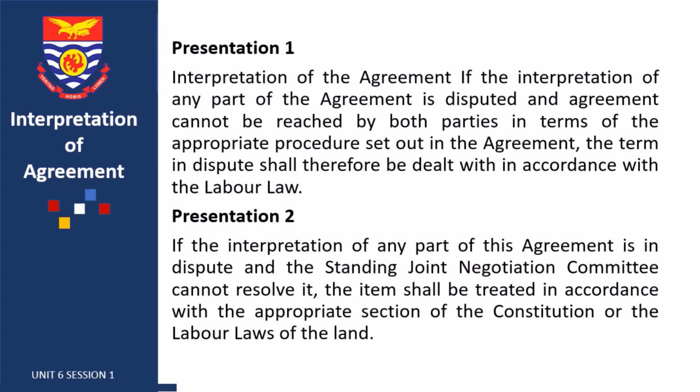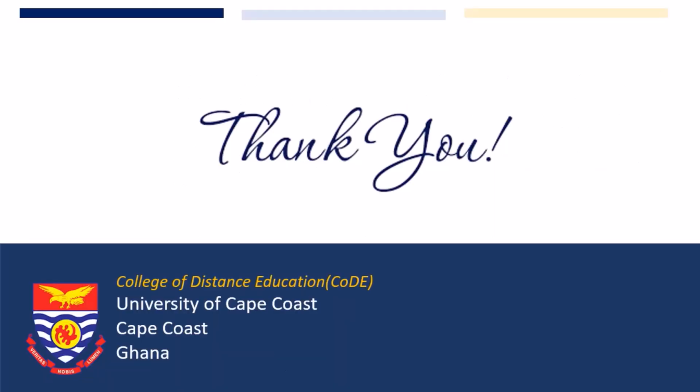Then as well for the interpretation in presentation two: if the interpretation of any part of this agreement is in dispute and the standing joint negotiating committee cannot resolve it, then the item shall be treated in accordance with the appropriate section of the constitution or the labor laws of the land. So that one will be applied.